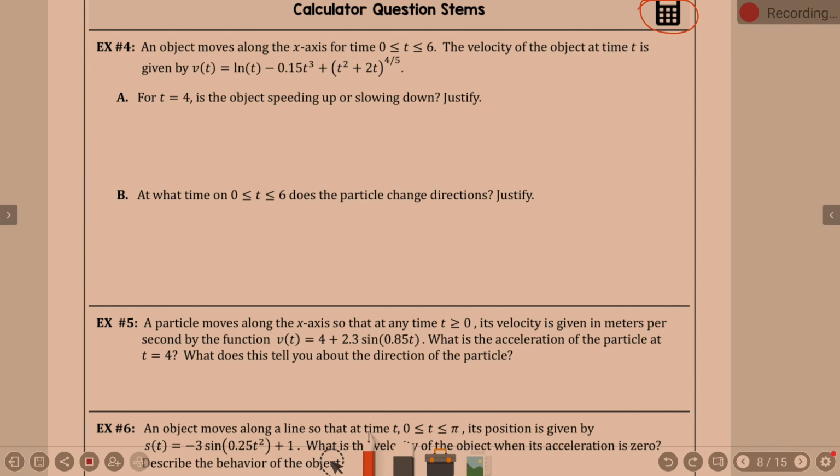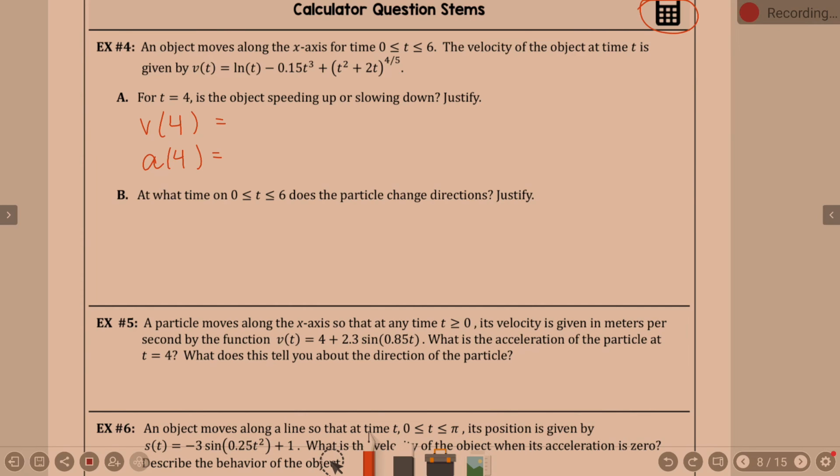Okay, and this is a fancy way to use the calculator even. So, I would recommend you type your equation in your Y1, Y2, wherever you have it open, because we need to find the velocity at 4 and the acceleration at 4.